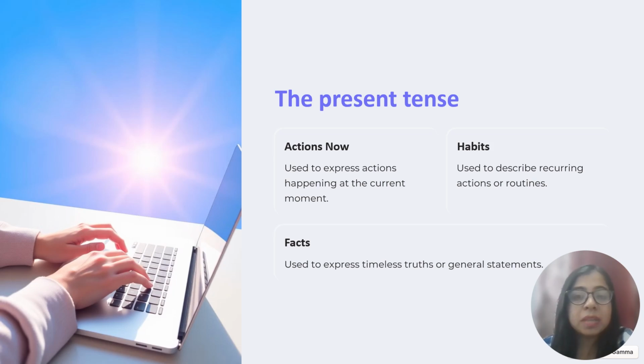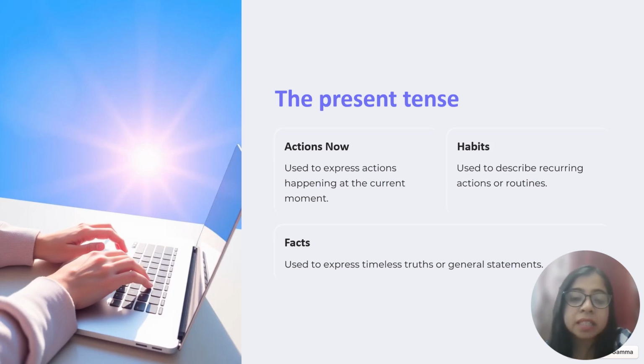So, I will be saying that my students are writing while I'm speaking. Okay. We are adding an ing, that is also known as gerund. So when we are adding ing, that means that action is happening right now, simultaneously when you are speaking. Okay, so present tense is used when something is happening at the moment while you are speaking.